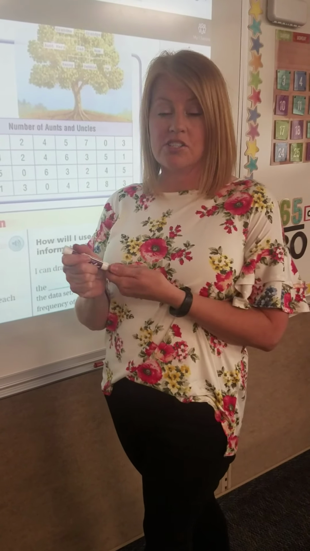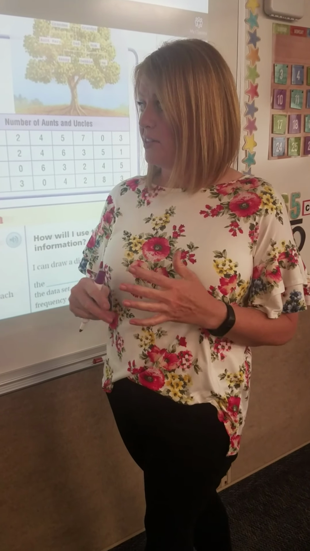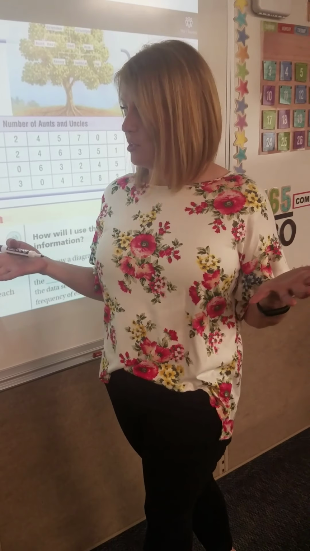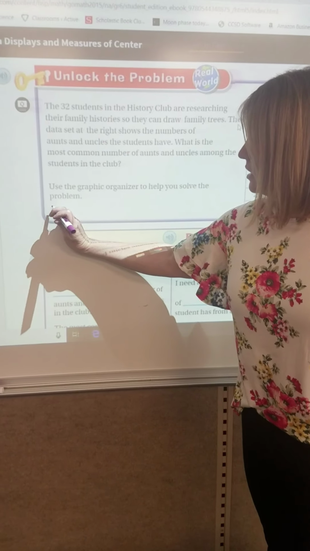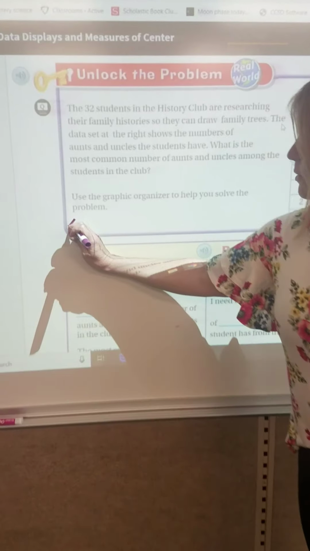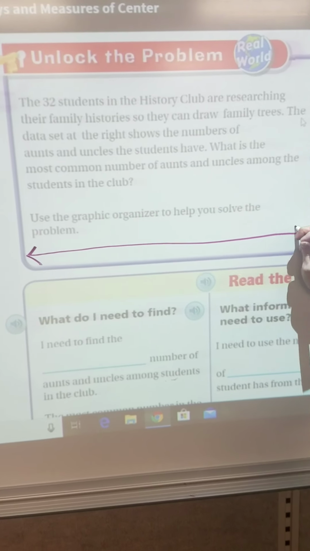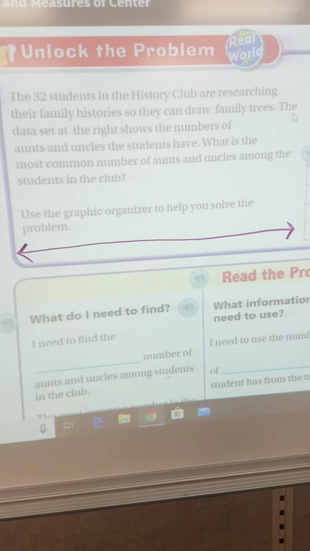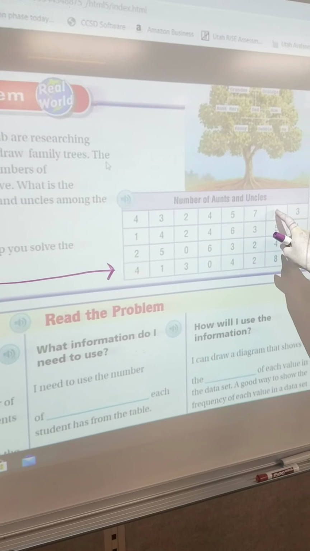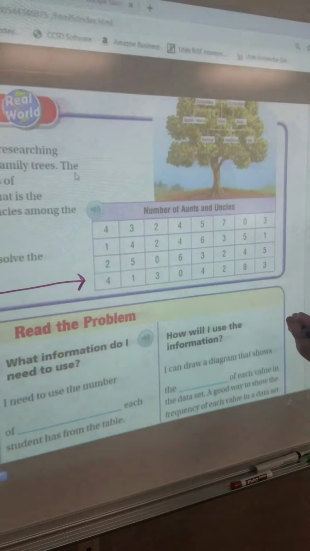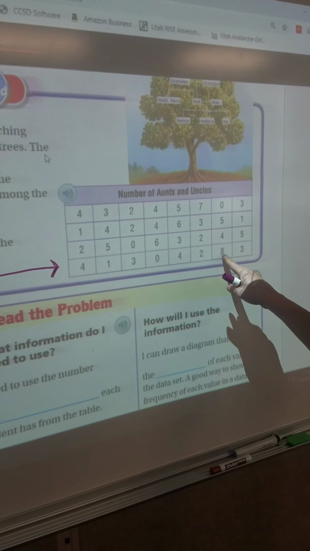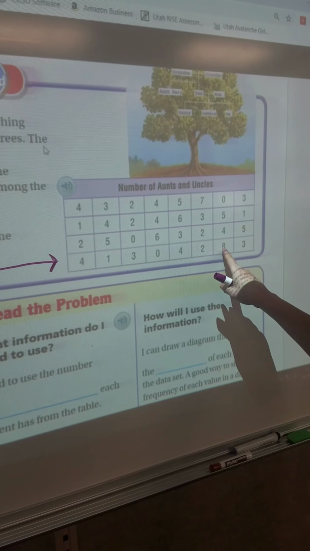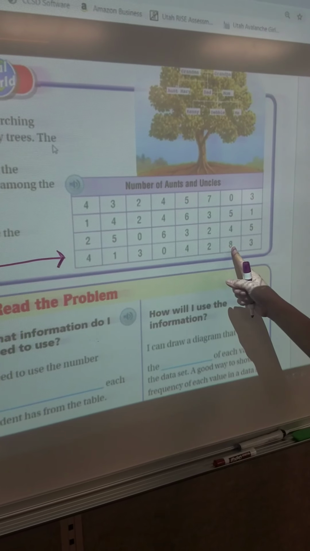Remember with a dot plot, boys and girls, we're just going to start with a number line and then we're just going to put dots on it. And just so I don't have to scroll, I'm just going to start right here. So I'm going to create a number line. I'm going to look in my table. I have a 0. That's my lowest value. And then also, boys and girls, it looks like my highest value, there's an 8. 8 is the highest.